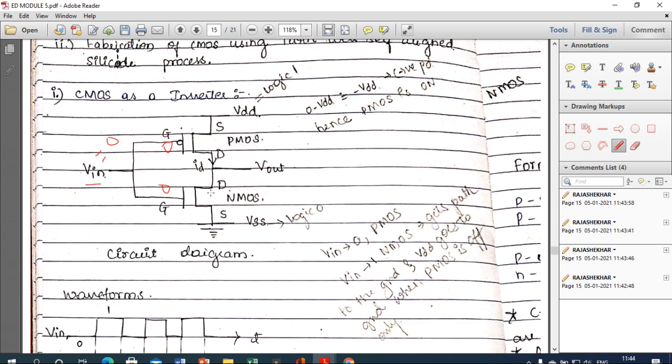As we know, the PMOS transistor will be on for 0 input and the NMOS transistor will be off for 0 input. So the PMOS transistor is on because the gate of the PMOS gets 0. Here the bubble indicates that this belongs to PMOS and this belongs to NMOS. These are the two symbols used for the MOS transistors in the inverter.